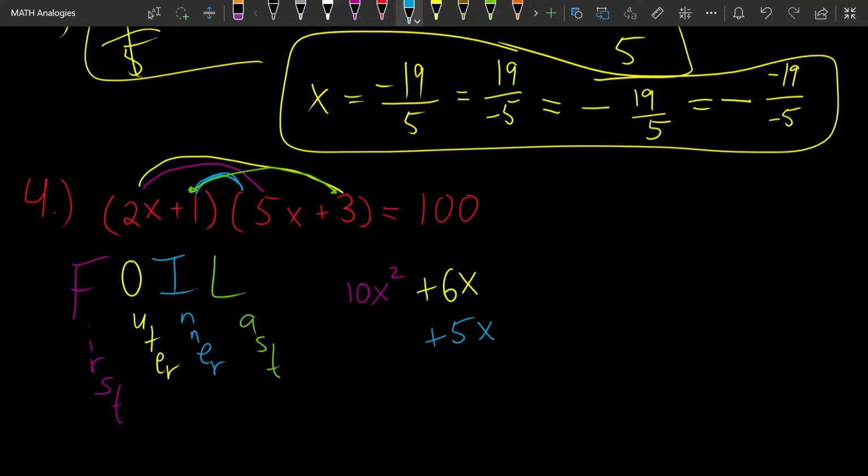And I like to line the 5x under the 6x just because they have the same x on it. It's not x and x squared, or x and just 5. Well, we have a 6x and 5x. We can actually combine those in the next step. And lastly, let's do the green. So we have 1 times 3. And again, 1 times anything is that anything. So we just get 3.